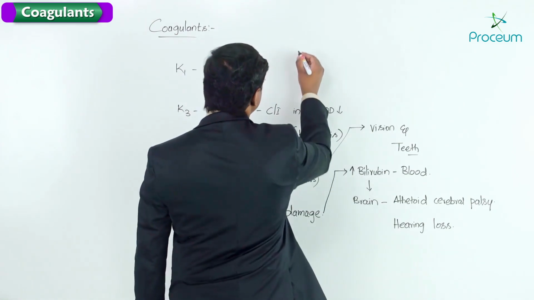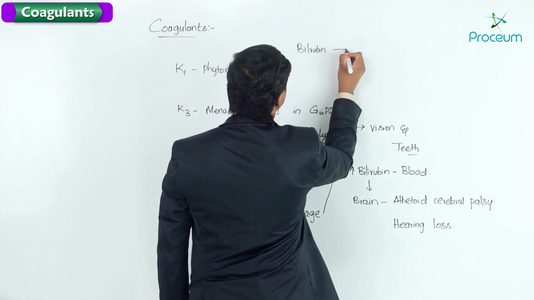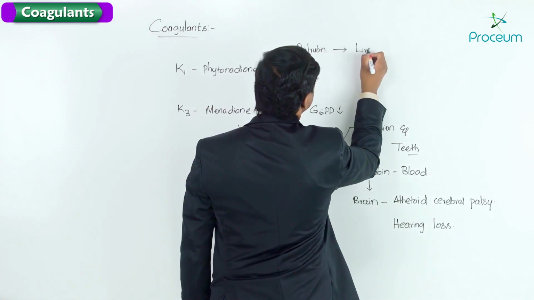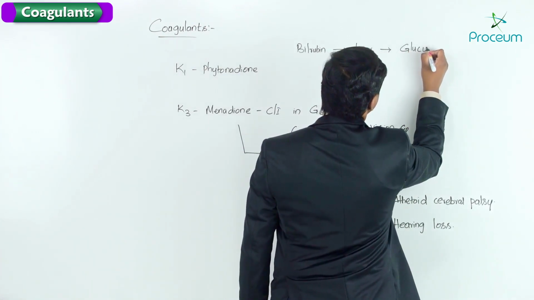Okay. So this bilirubin in the liver has to undergo the process of glucuronidation.